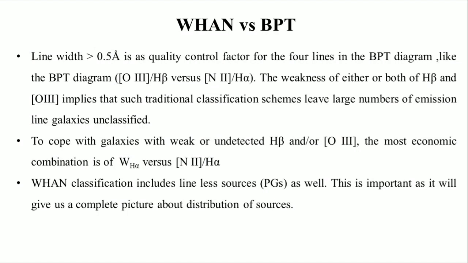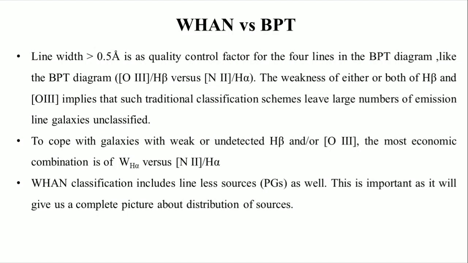So all the galaxies which don't make this cut of 0.5 angstrom would be left unclassified. This requirement of having to detect at least four emission lines ends up leaving a large number of emission line galaxies unclassified.